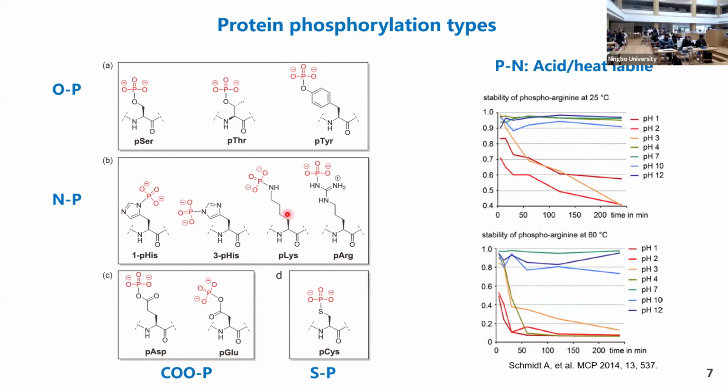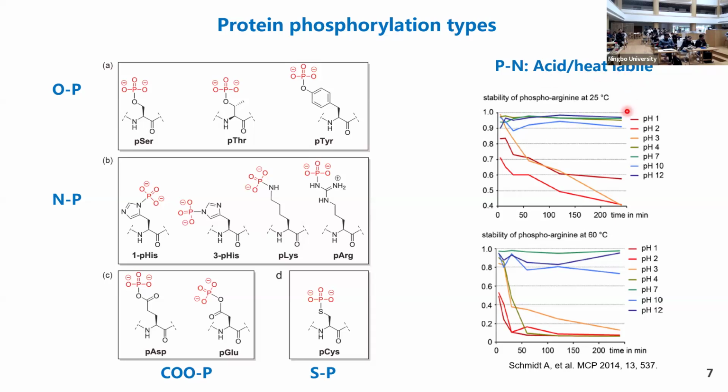But why have people, especially biologists, never known the importance of nitrogen phosphorylation? Because nitrogen phosphorylation is really, really not stable, especially acid and heat labile.